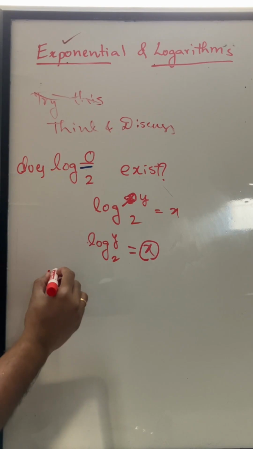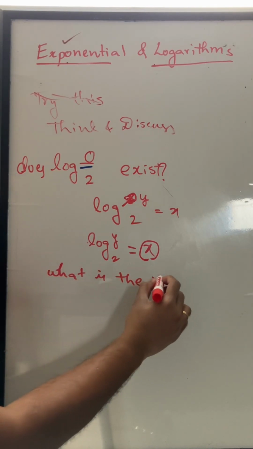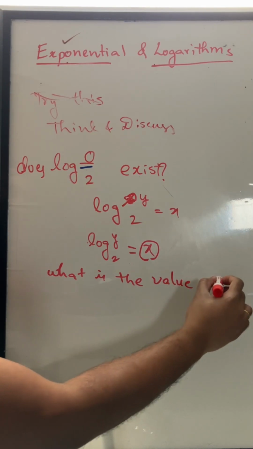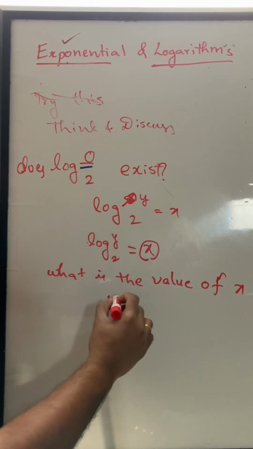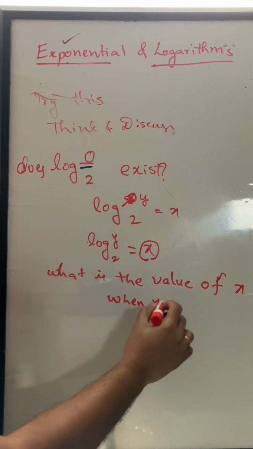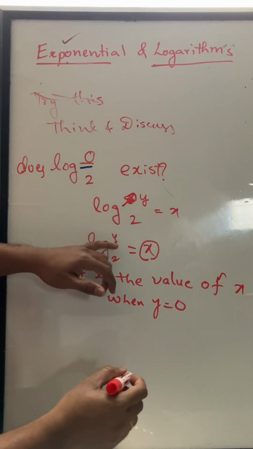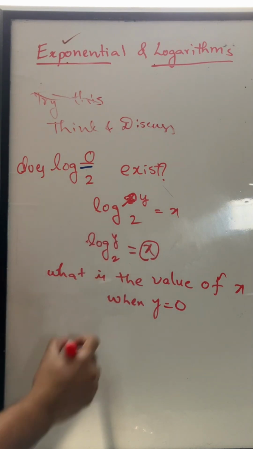That's what it means, right? When y equal to 0, it will become log 0 base 2. Okay, let's plot the graph for this one.